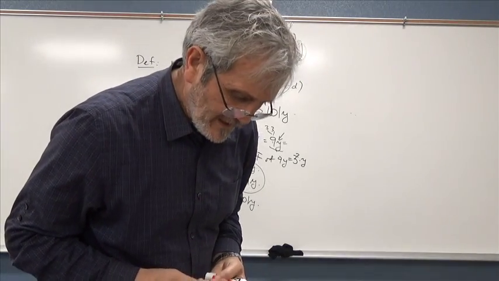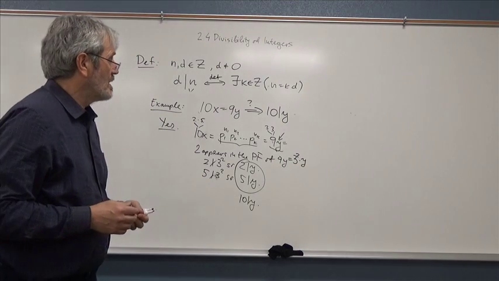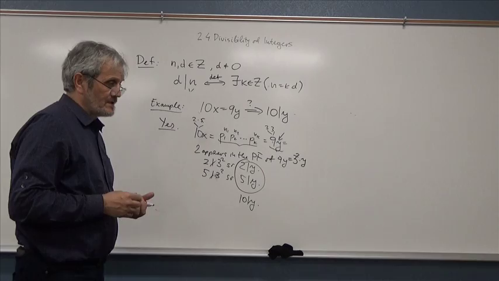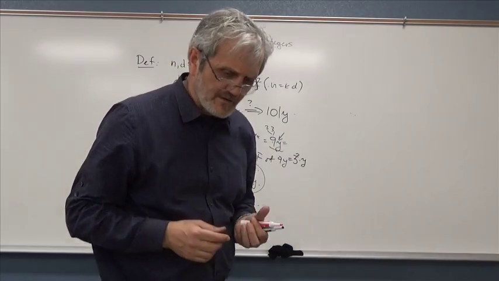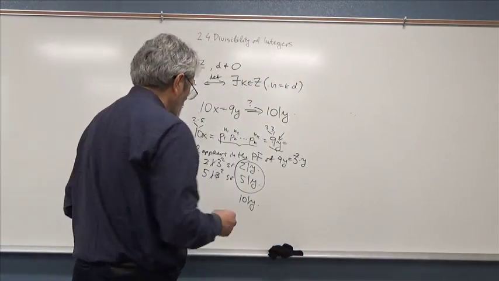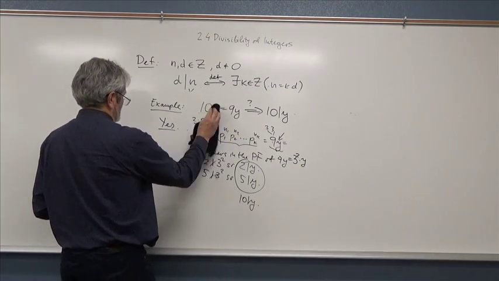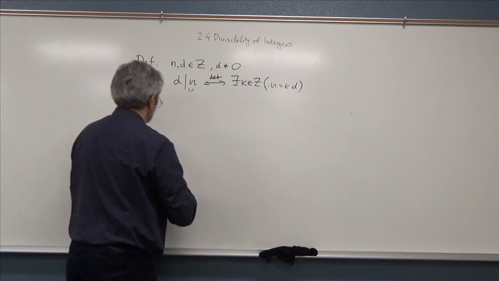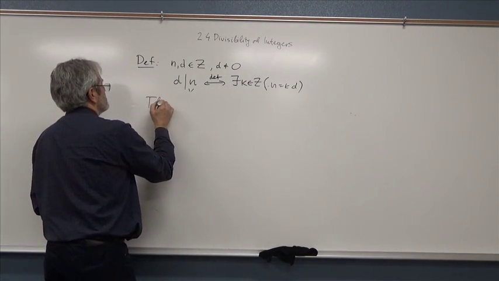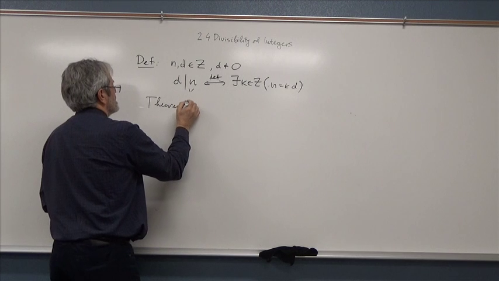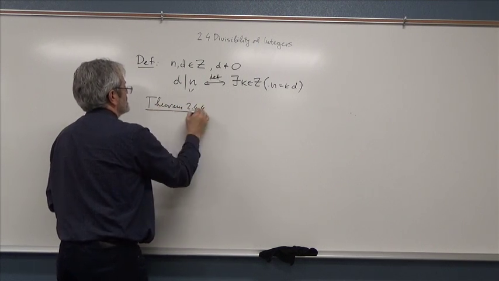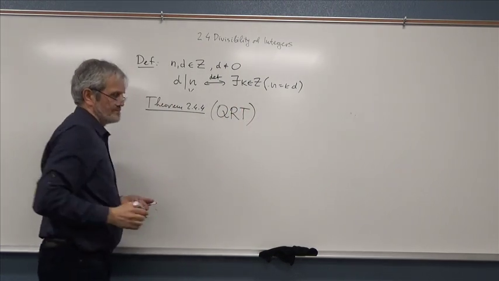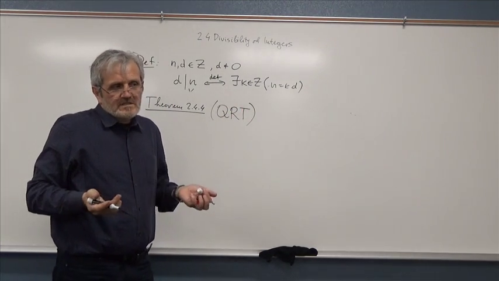All right. And now one more important theorem, the one that we'll call quite often, and that is theorem 244. It is the quotient remainder theorem. What is this theorem doing?